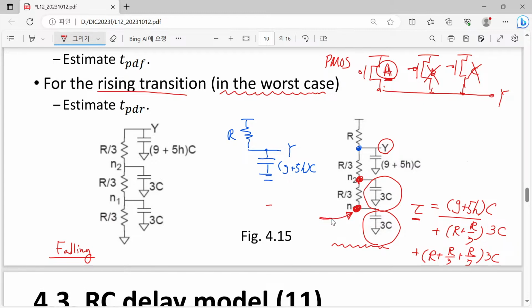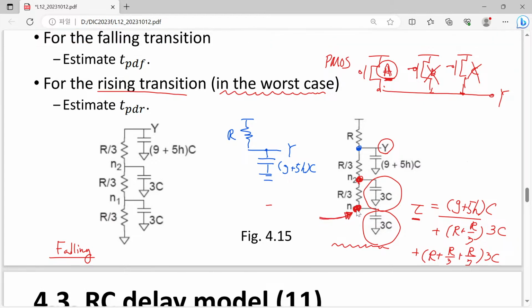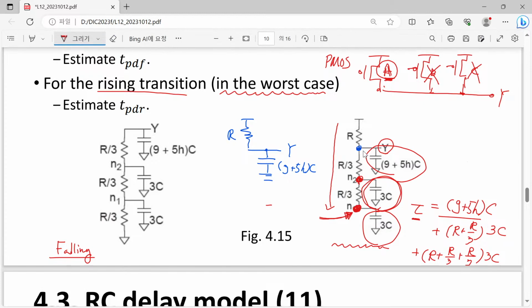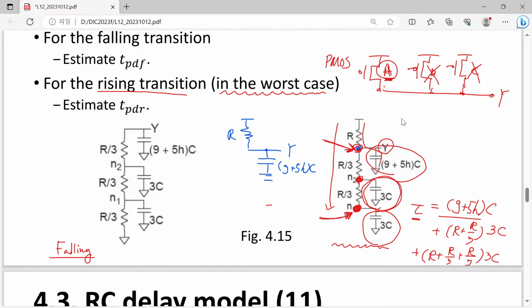If the target node is set as this node, then the charging will follow this long path, so all of the intermediate capacitances should be charged. However, in this specific example, we are talking about the target node shown here, so only this shortest path is available to our analysis. In reality, when charging Y, the charge also spreads downward.